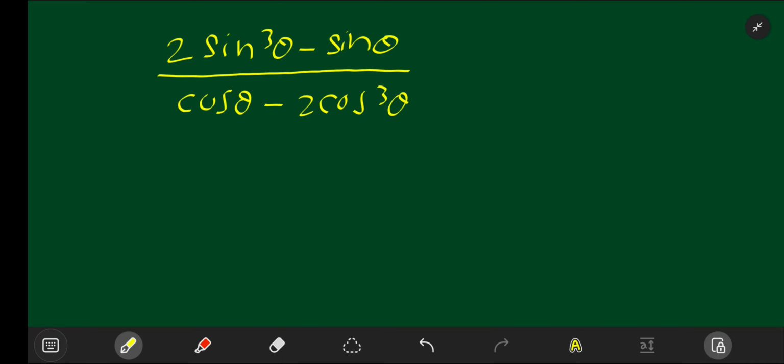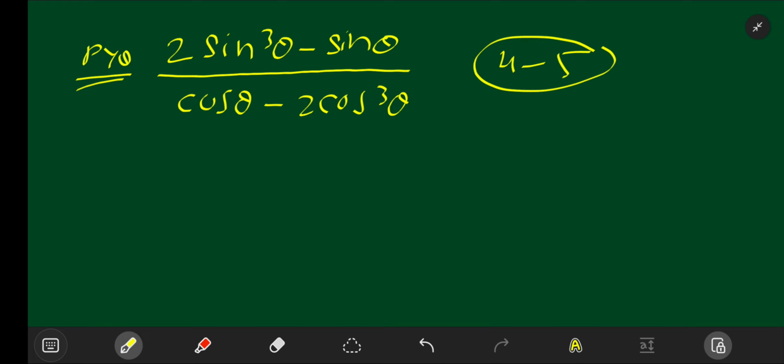Find the value of this. This is also an important PYQ because this question was also repeated, I think 4 to 5 times in the CDS mathematics exam. So this is the important one.